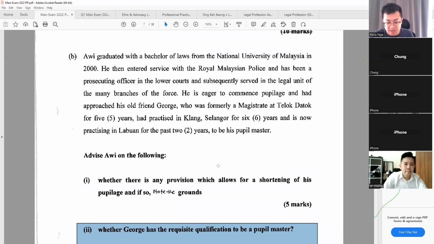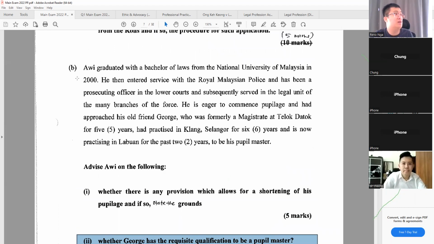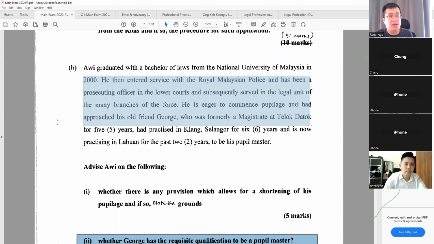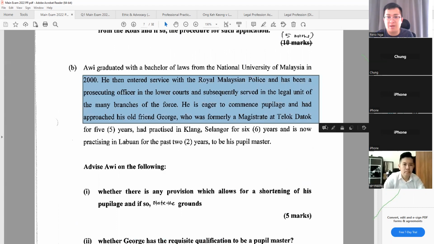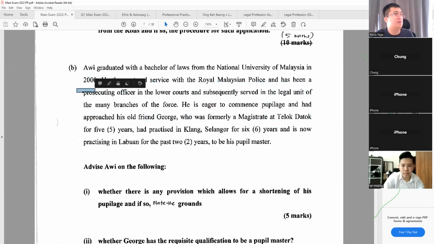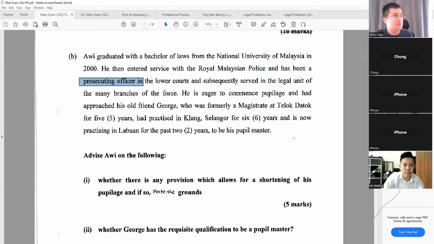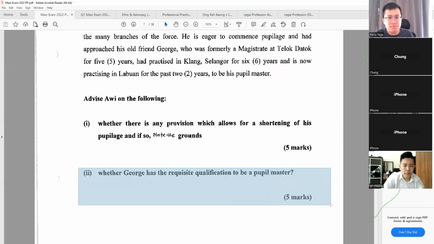If you join judicial and legal service at least 1 year, here you see, they joined so long ago, actually he can apply also. I think section 13 sub 4 is even better. But let me read again. Oh, wait. Oh, yeah, can. Because he is a prosecuting officer. Yeah, that can. Section 13 sub 4 can. Okay. So thanks for this, Zach. Section 13 sub 4.